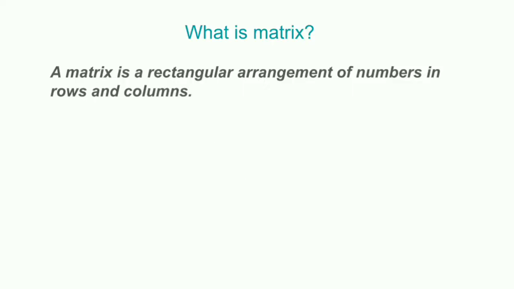So, a matrix is a rectangular arrangement of numbers. The numbers are arranged in rows and columns.